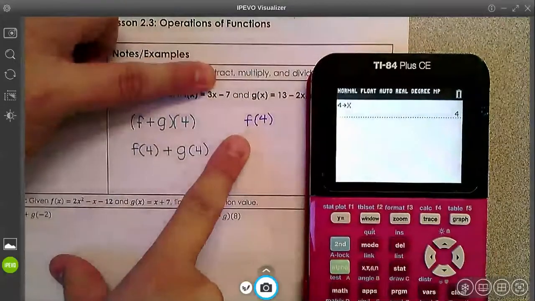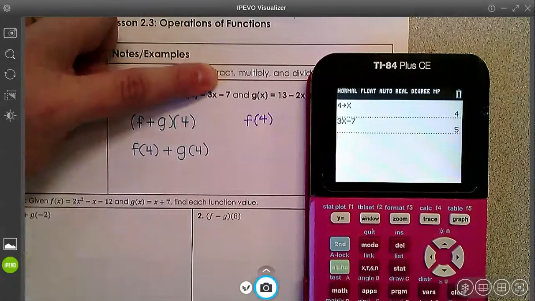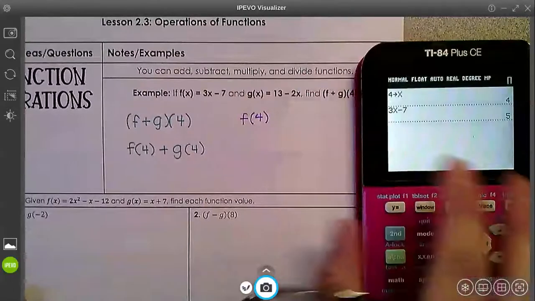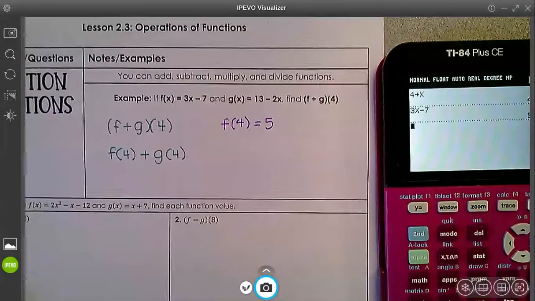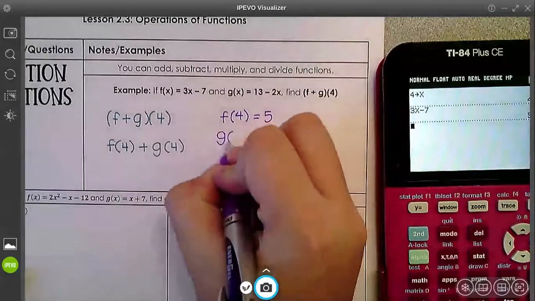So now we're going to type in our f function, 3x minus 7, and hit enter. And we get 5. And then we'll do g of 4.